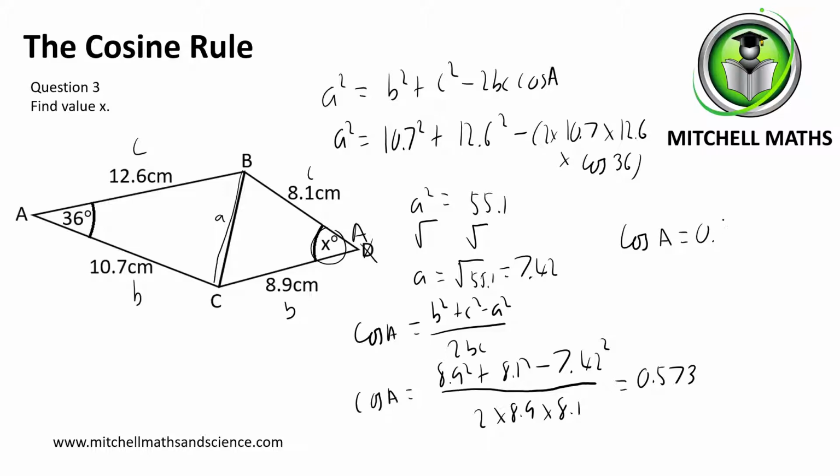In order to separate the cos from the angle which we want to find, we need to do what we call inverse cos, as I said in the last question. If you put that into your calculator, it'll get you 55.1 degrees.